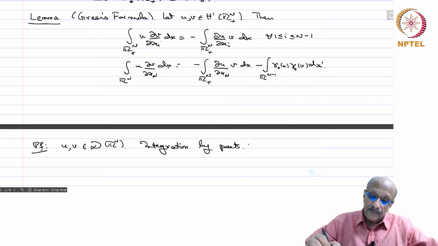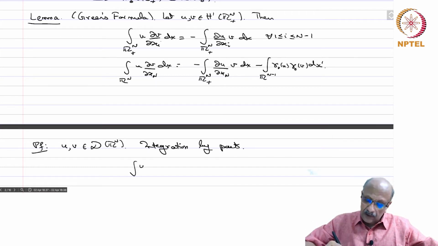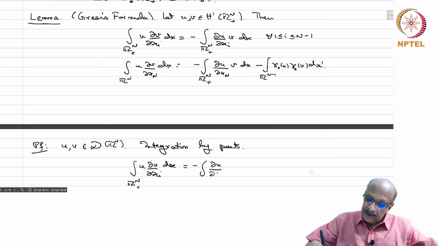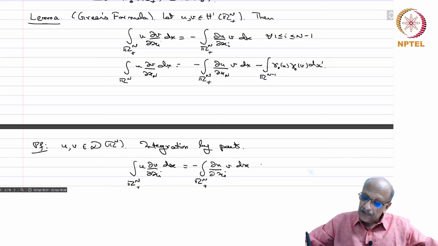Because you have the integral of u dv/dx_i dx over R^n plus, which is equal to minus the integral of du/dx_i v dx over R^n plus, plus the integral on the boundary of R^n plus of u v nu_i.